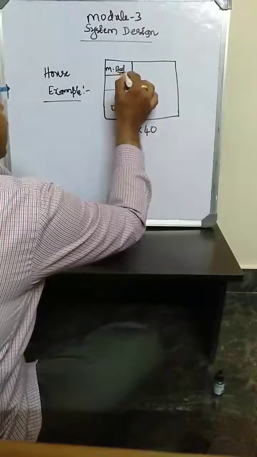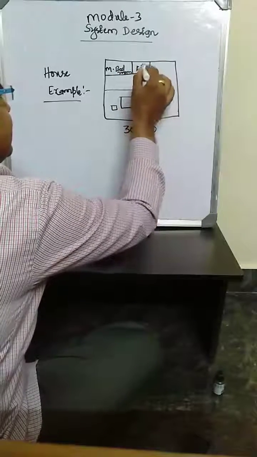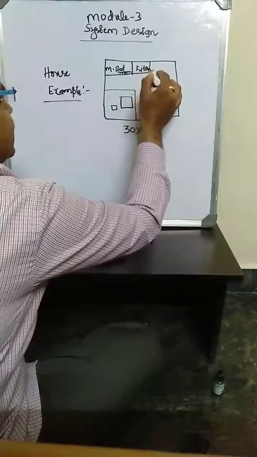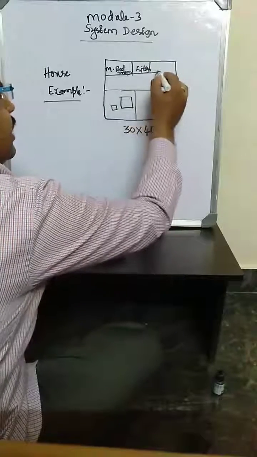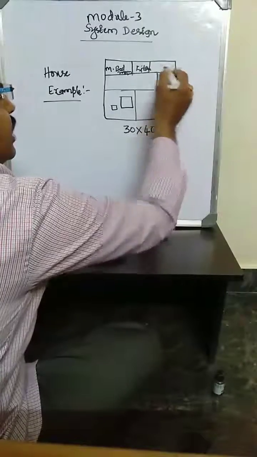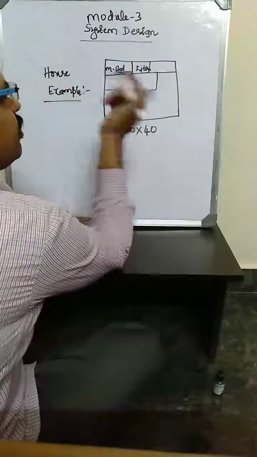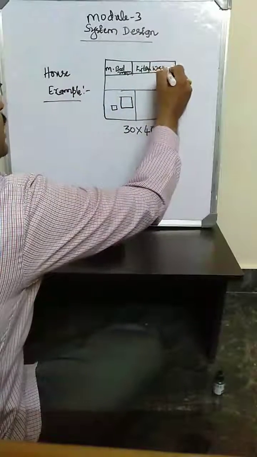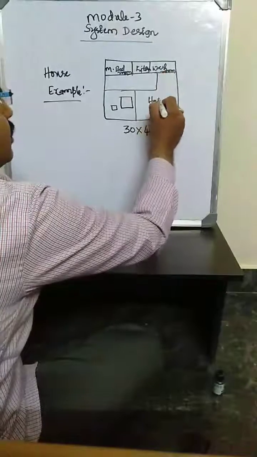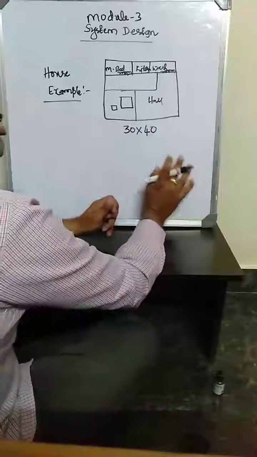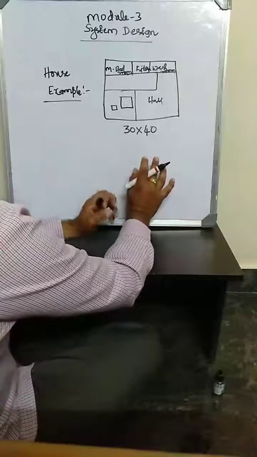Then it is the kitchen, and here you may have an area. Then you may have one washroom, and this will be the hall, and one more bedroom you may place. So this is how we are able to design.